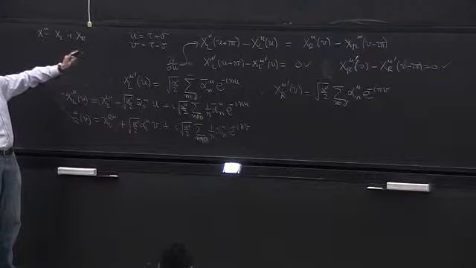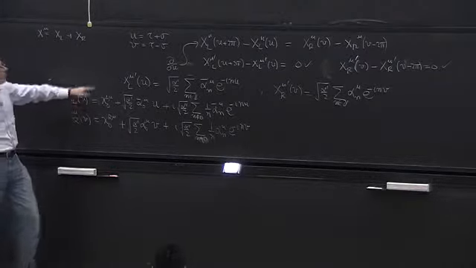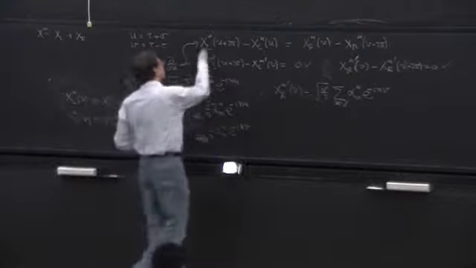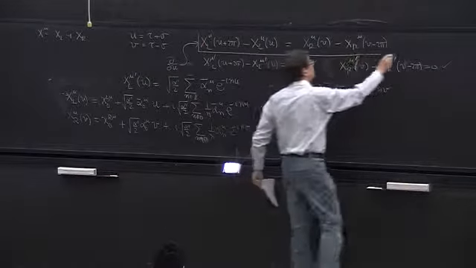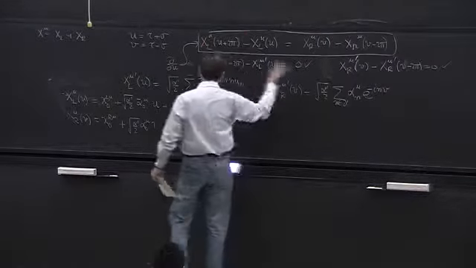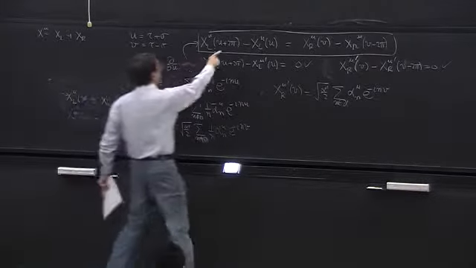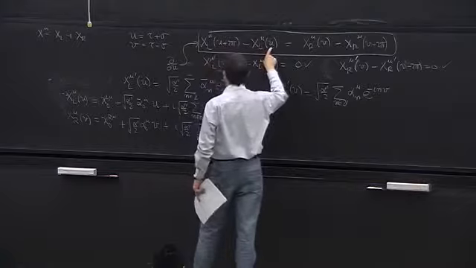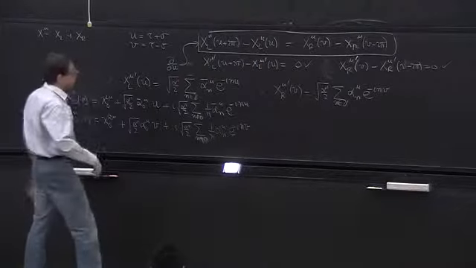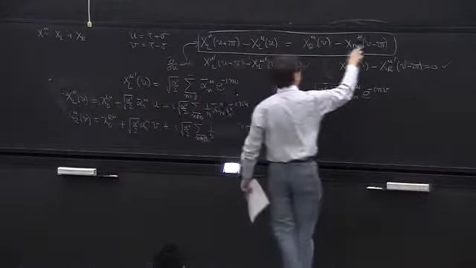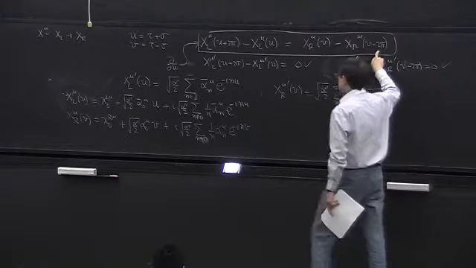Why? Because it's time to go back to our constraint. We took the derivative, and we got an equation, but then we integrated. So we go back, and we see the failure of periodicity of XL must equal the failure of periodicity of XR.